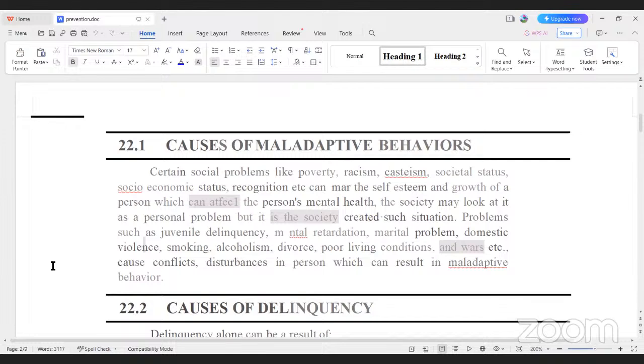So these are all social discriminations. If they are continuously undergoing social discrimination, their mental health will be affected. So that is one of the causes for maladaptive behaviors.